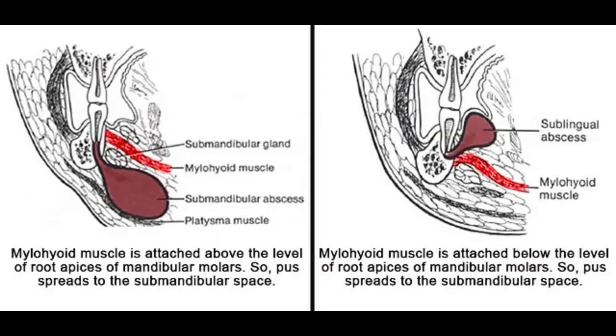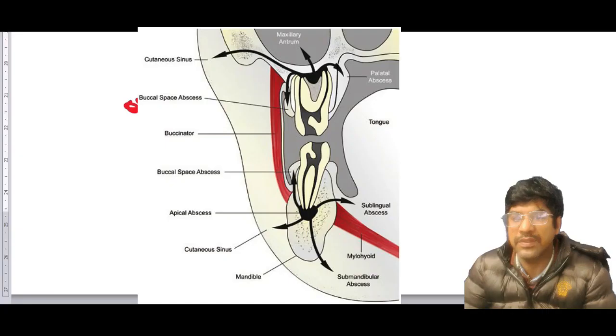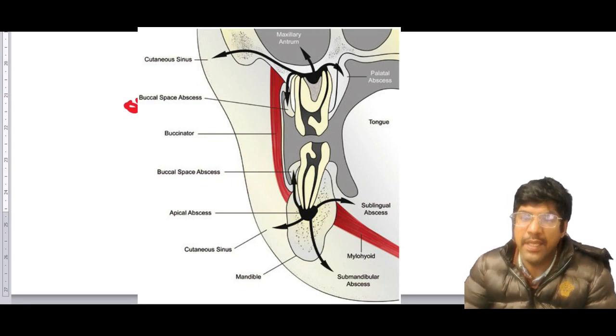Infection from the lower first and second molars: the first molar is in a typically symmetrical position in the mandible, with equal thickness of buccal and lingual bone covering its roots. The second molar is situated more lingually toward the tongue and has thicker buccal bone.